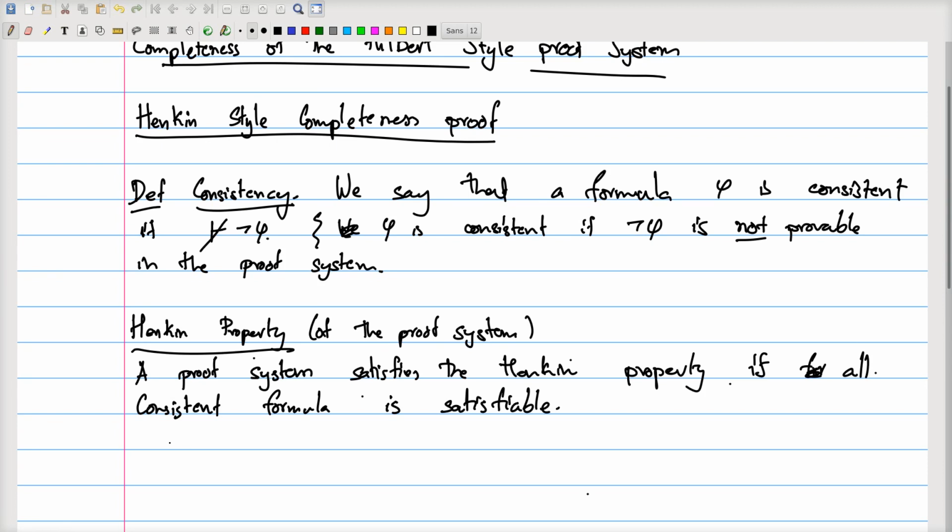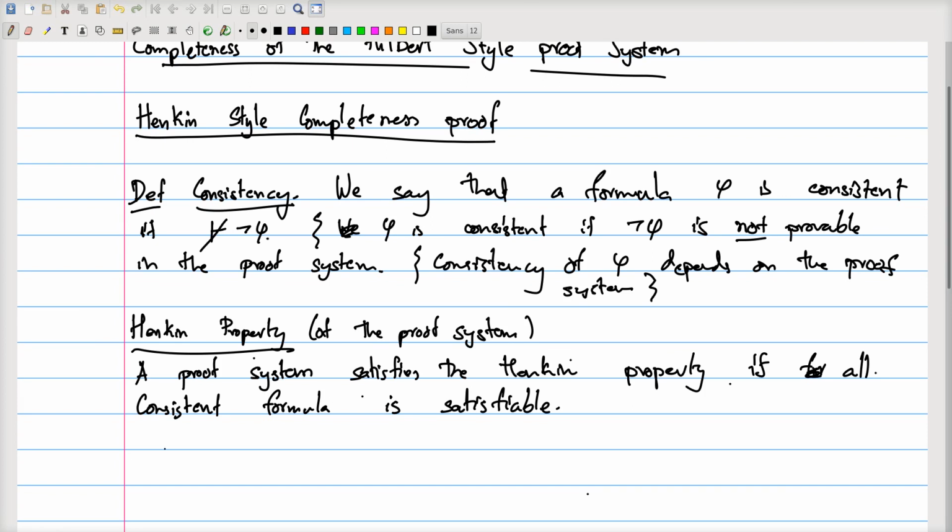So recall that the consistency of phi in some sense depends on the proof system. Whether a particular formula is consistent depends on the proof system, but once you fix the proof system, we can talk about consistent formula. And the Henkin property of the proof system is that a consistent formula under the proof system should be satisfiable.